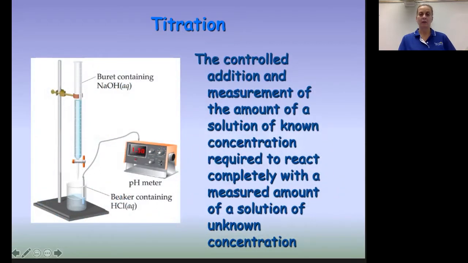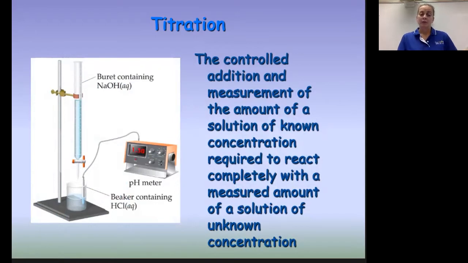So the volumetric pipette, very much like the volumetric flask, measures only one specific volume, but we do have different volumetric pipettes from 1 milliliter all the way up to a 50 milliliter volumetric pipette. And those are 4 or 5 significant figures of precision. So a very precise way to measure the volume of the unknown.